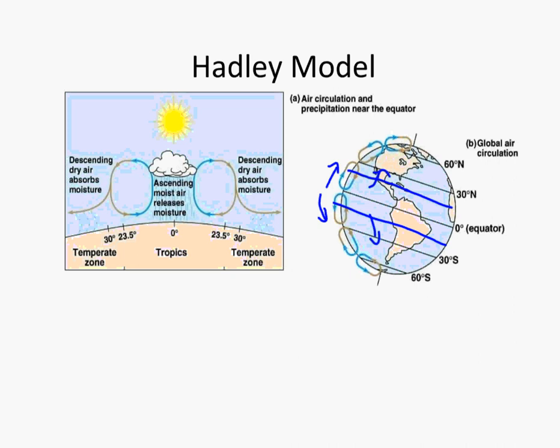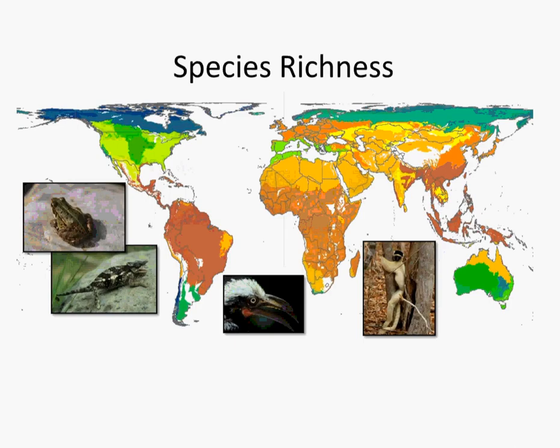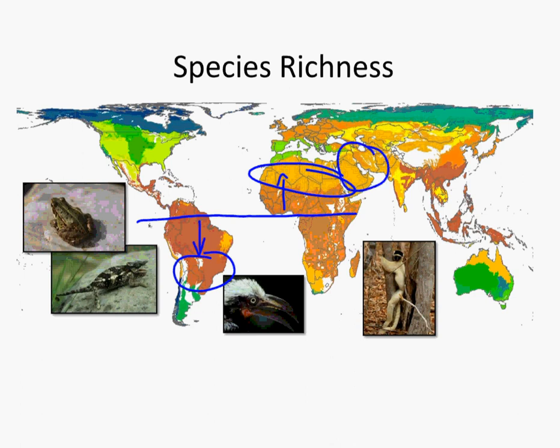So once you get north and south of those areas, what do you have where there's still lots of sun, but not very much rain? You have these desert regions of the world that are just dry and barren and have no rain at all.